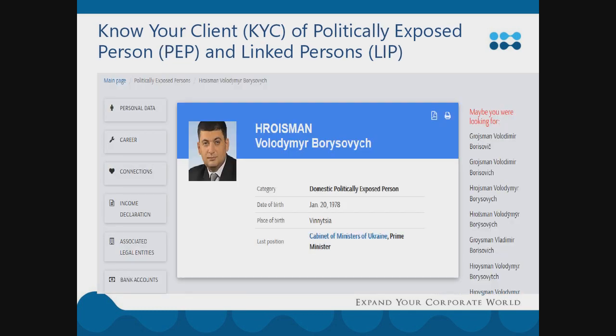Here is a screen from one of the databases. You may see the name of the person, sometimes a picture, and his category, here a domestic politically exposed person. Usually you may see date of birth, place of birth, and position, here Minister of Ukraine, Prime Minister.